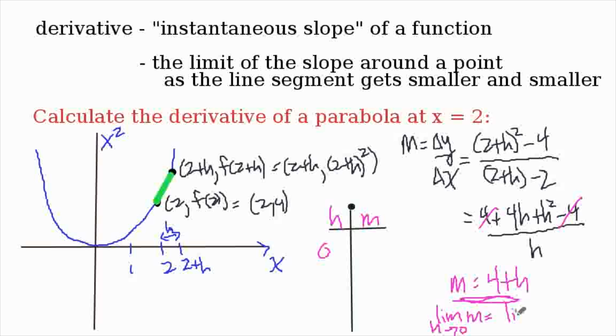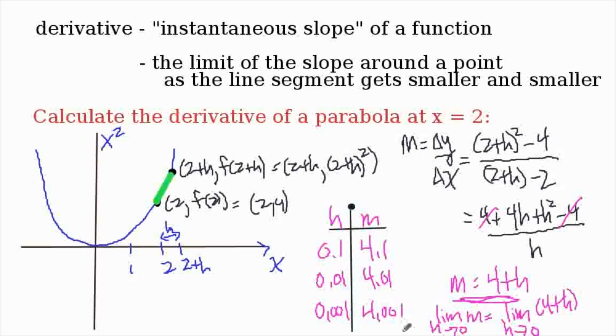So that's the limit as h approaches 0 of 4 plus h. So if h was 0.1, then m would be 4.1. If h was 0.01, m would be 4.01. If h was 0.001, m would be 4.001. All right, and I think it's pretty clear that the slope is approaching 4.